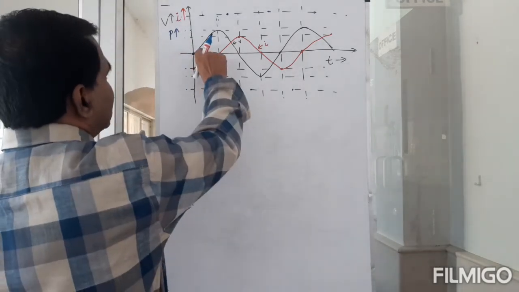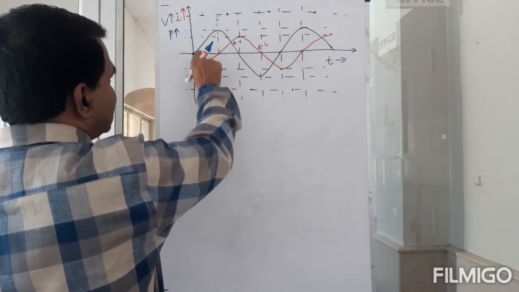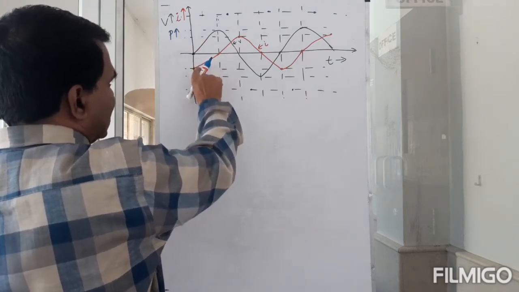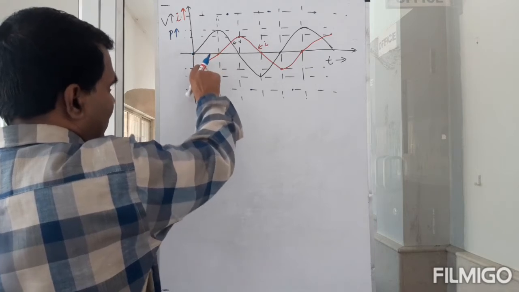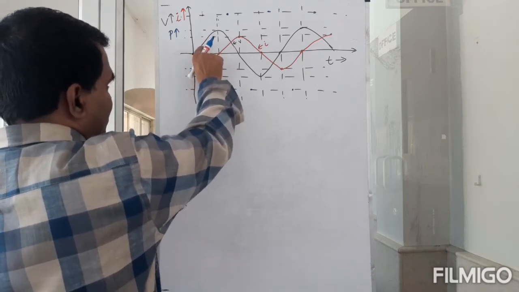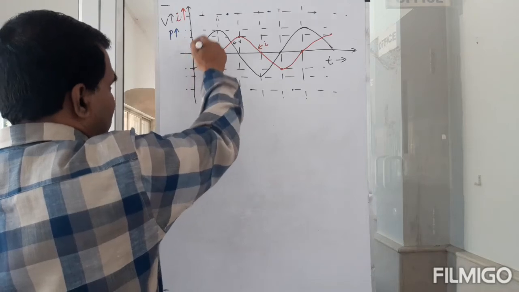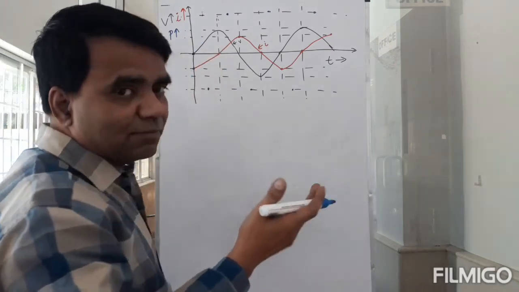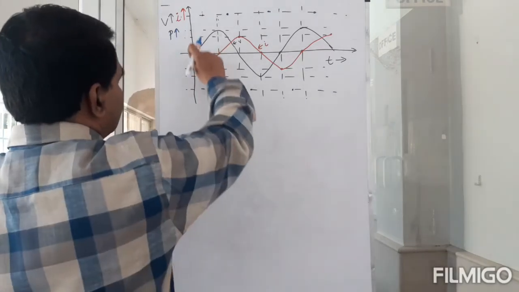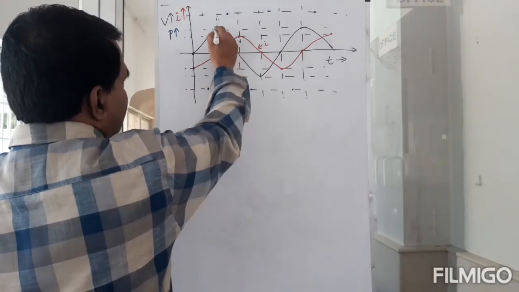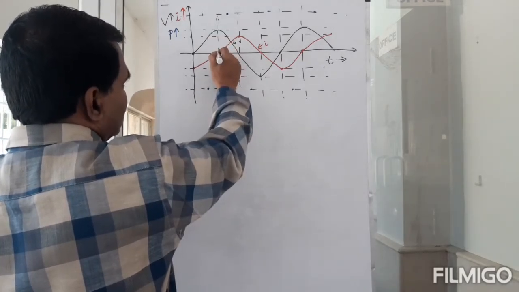But as time increases, this is positive, this is negative. So a positive value multiplied by a negative value will be negative. You can multiply all these points, and you will get negative values for all of them. But then you take this point. This is positive, and this has become 0 now.